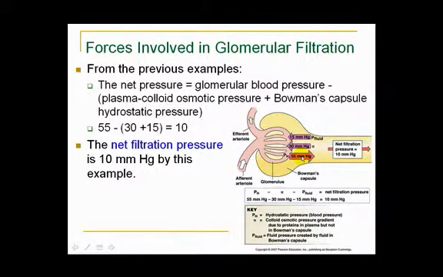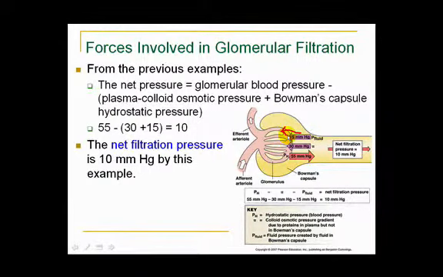And then you have some back pressures, such as 30 millimeters of mercury for the osmotic pressure of water wanting to move by osmosis back into the glomerulus, and then just the pressure of fluid, the hydrostatic pressure of 15. So basically you have 55 minus 45 pushing this direction back into the glomerulus.